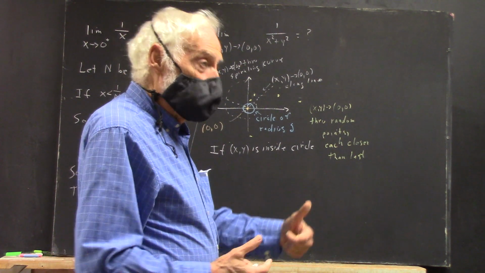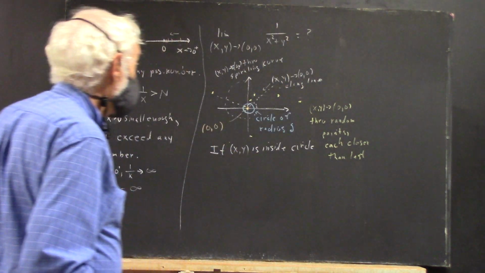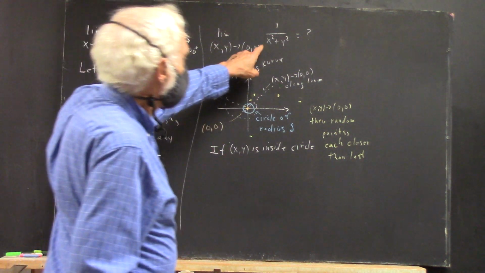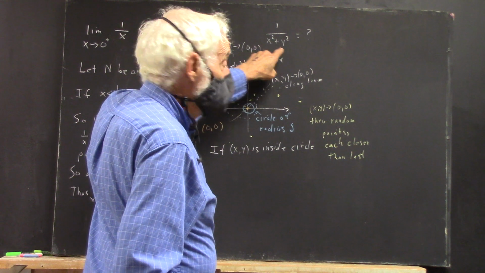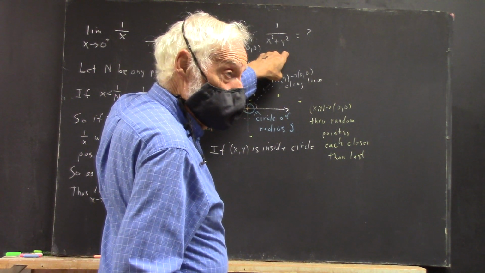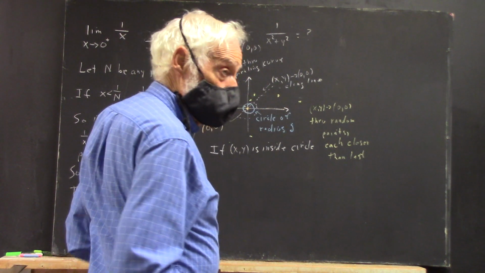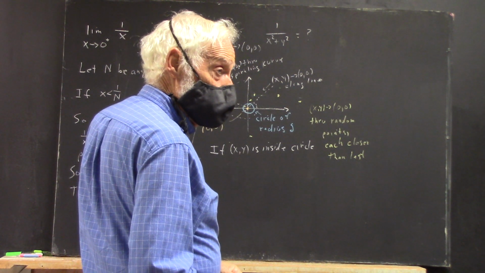If you approach along other paths, you approach negative infinity. Actually, this would approach plus infinity either way. If it was 1 over x plus y, then it could be approaching positive infinity or negative infinity, depending on what path you took. Wouldn't even have to necessarily be a hyperboloid. Okay.